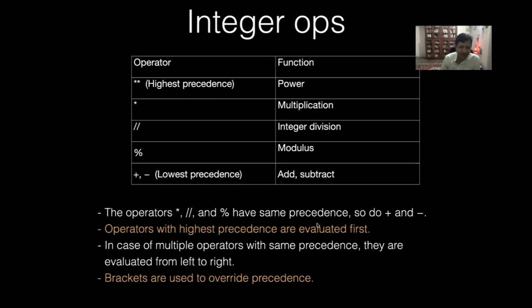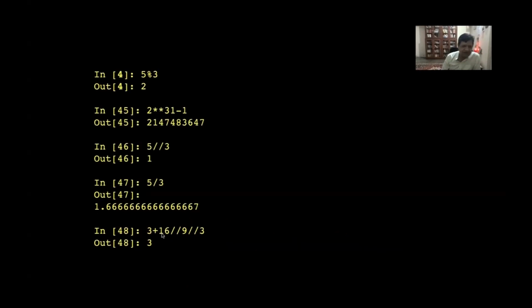Now if you have more operators, then sometimes you need rules to define which operation should be done first. I just listed them here. Some of you may already know this. For example, let's look at this one: 16 integer division 9, integer division 3. What will the result be?